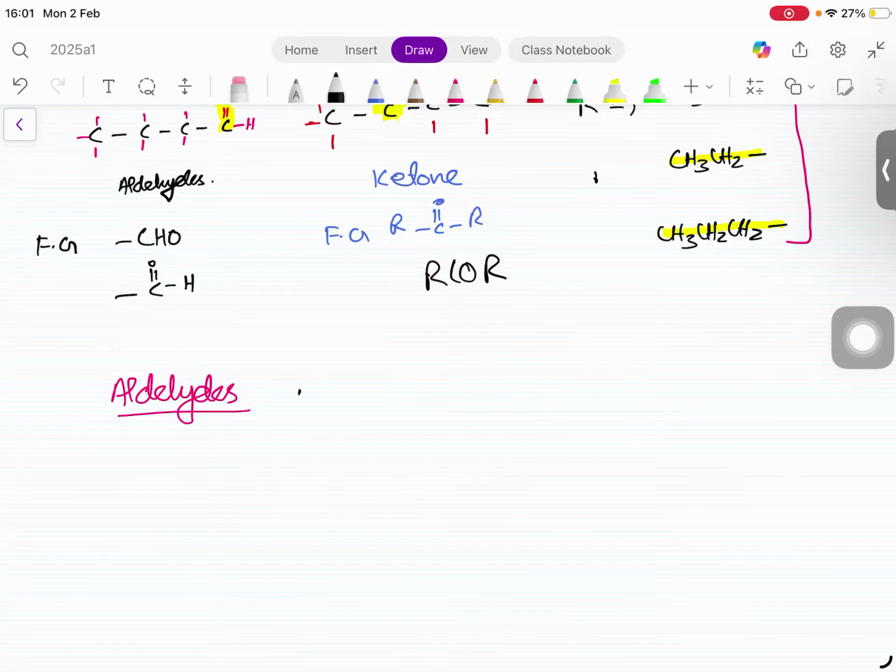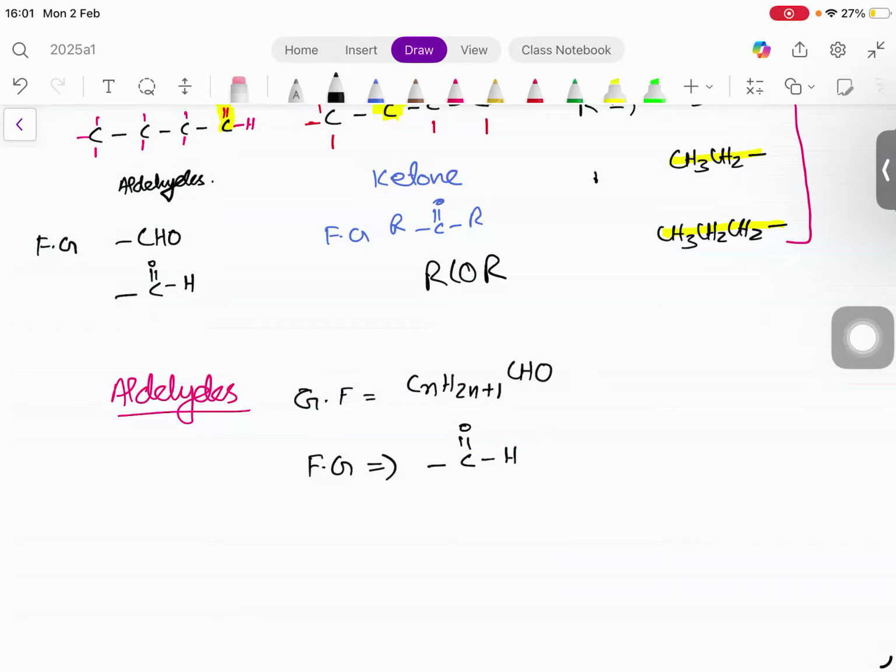So aldehydes, functional group, general formula: CnH2n+1 and then CHO. What is the aldehyde functional group? C double bond O and H, or you can say CHO.